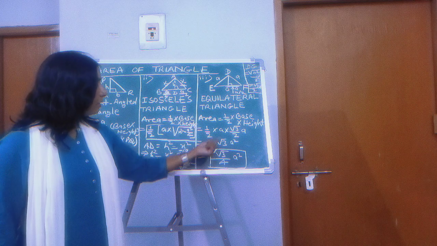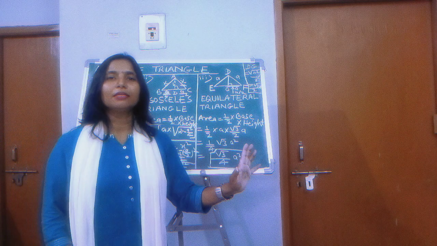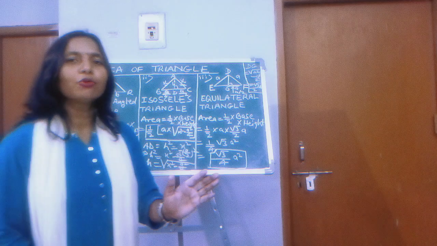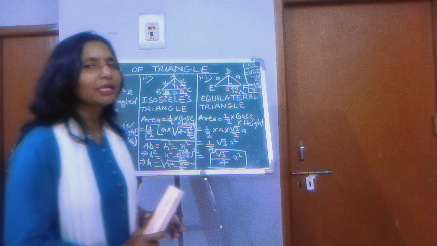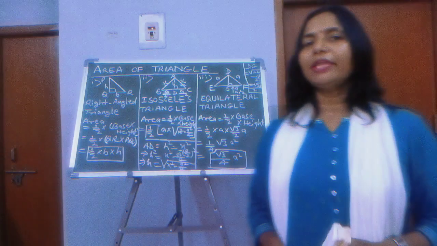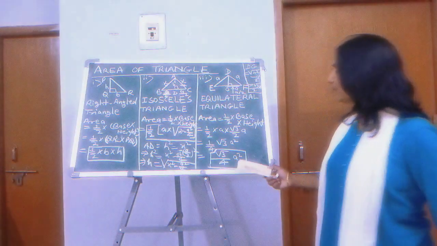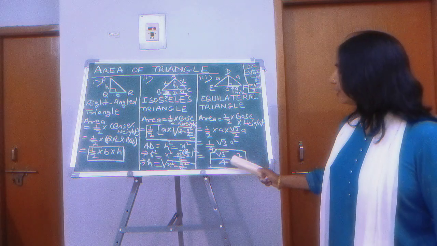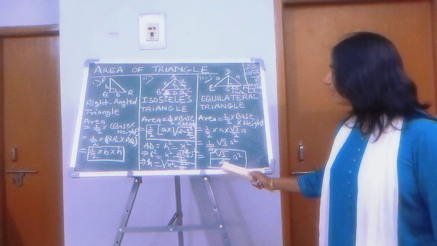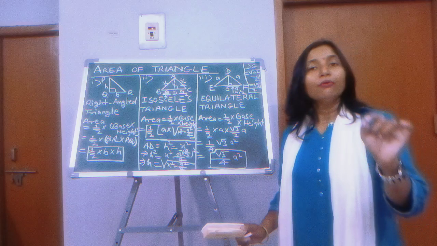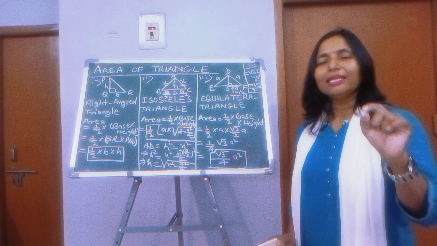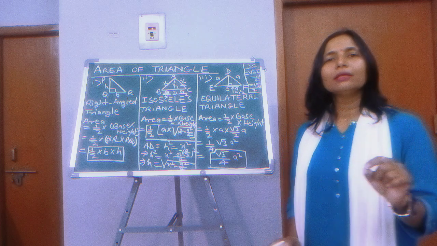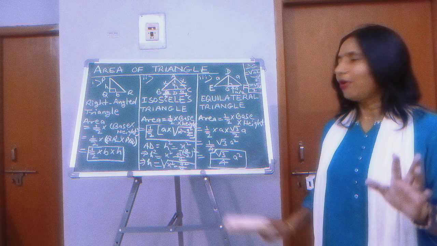So the final, general formula to find the area of any equilateral triangle is root 3 by 4 A square, where A is the length of each equal side of the equilateral triangle.